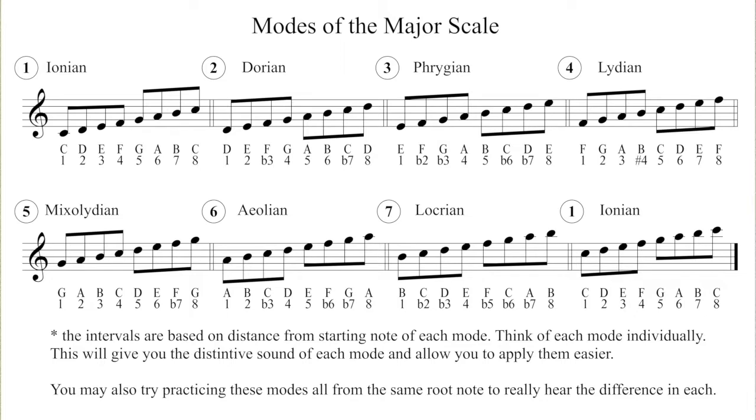That scale is going to have a flat 3 and a flat 7, and it will sound like this. Again, the Dorian sound is the main scale that we use in jazz over minor 7th chords, or your regular minor 7th chords.